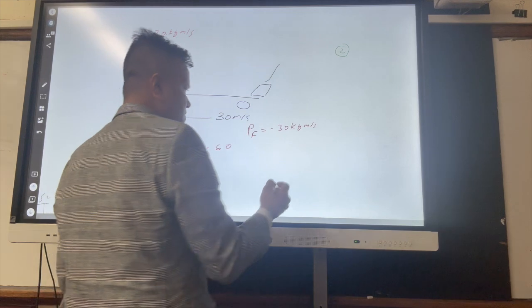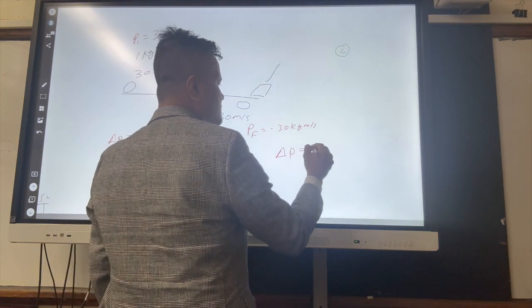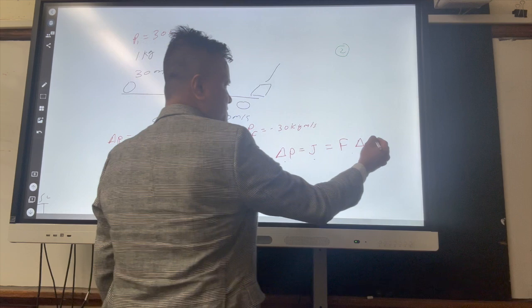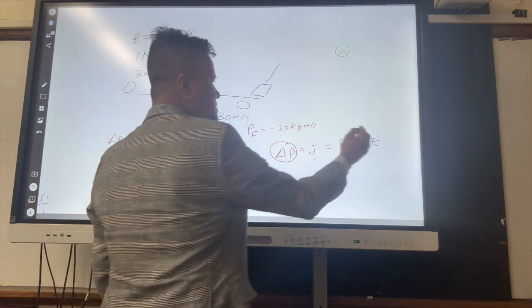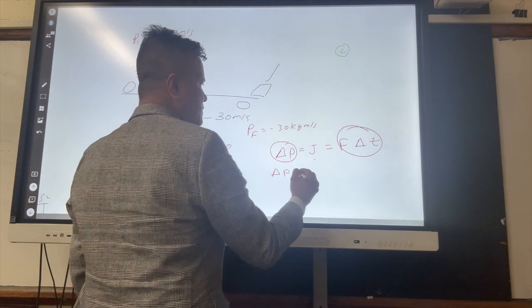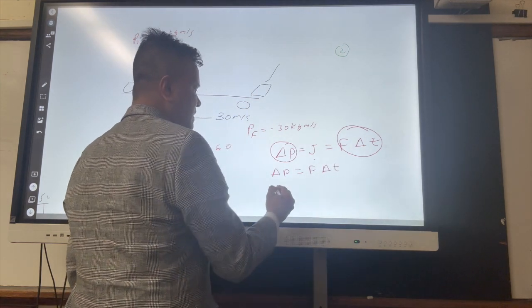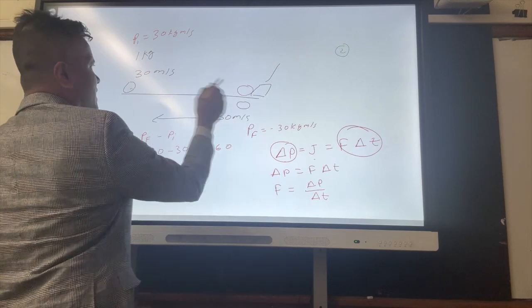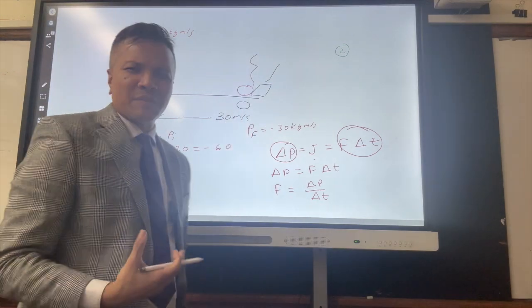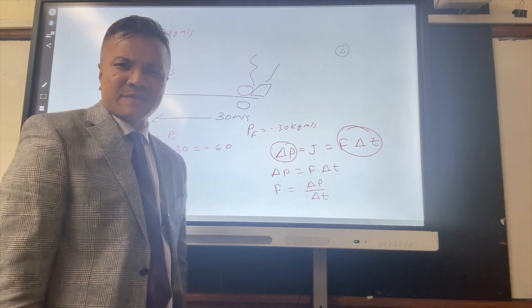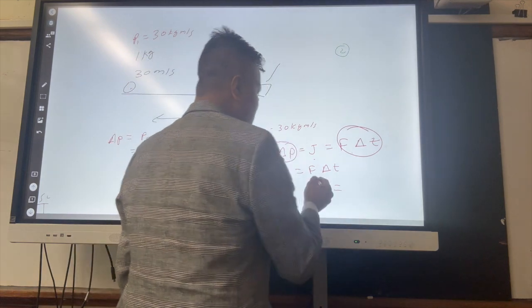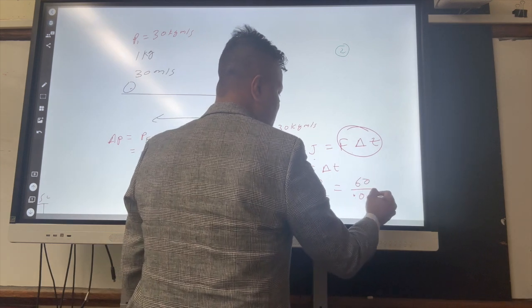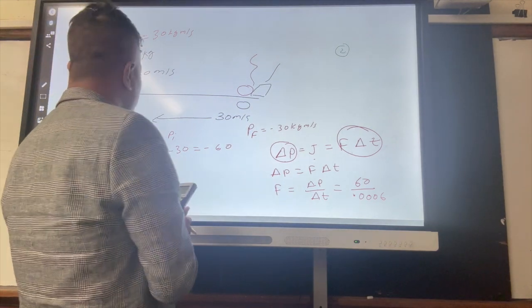The change in momentum is the impulse, so delta P is equal to F delta T. We want the average force, delta P over delta T. If the collision between ball and bat lasts, let's say, 6 milliseconds, then that would be 60 divided by 0.0006. So what would 60 divided by 0.0006 be?